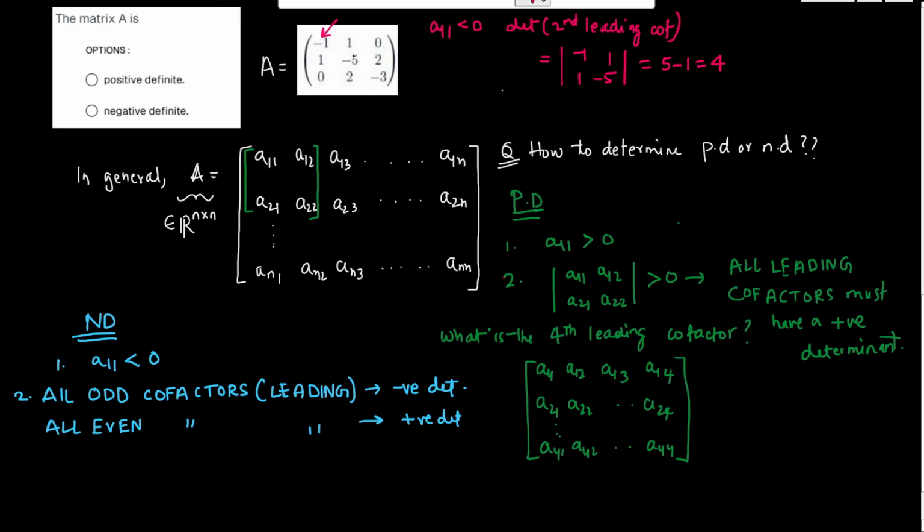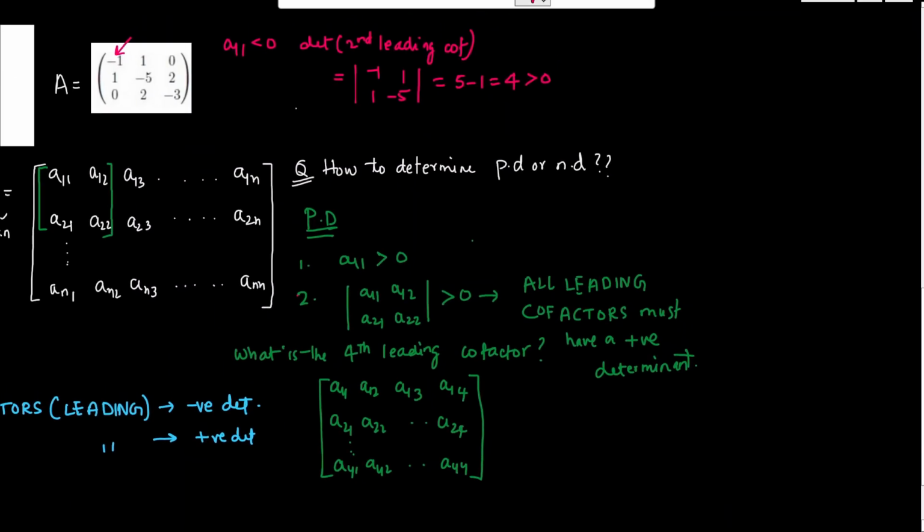So this is positive. And what is the determinant of the third leading cofactor? It is nothing but the determinant of A.